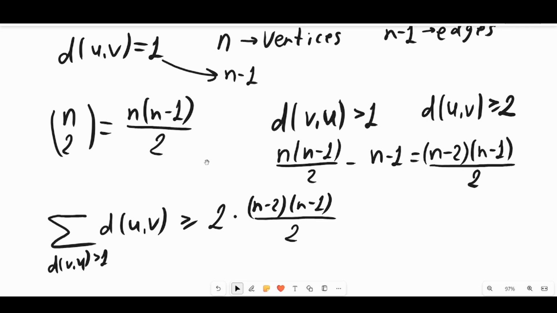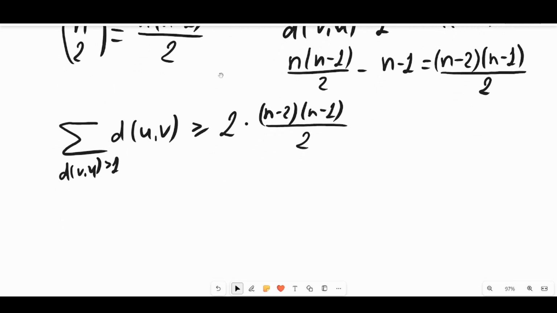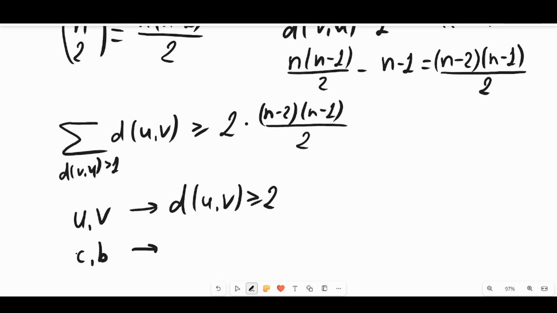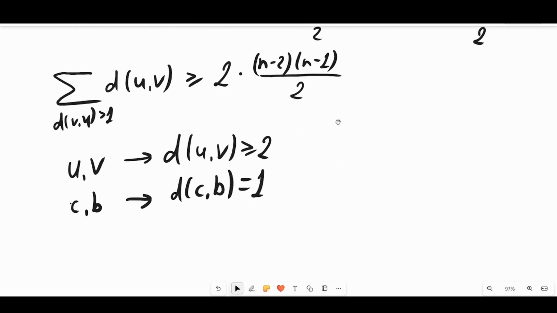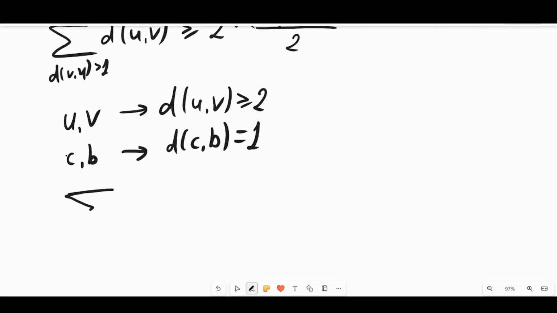And what can be said in our case? We can group the pairs u and v: those where d(u,v) is greater than or equal to 2, and those like C and B, where the distance between C and B equals 1. Then in this case, what can we say about the sum of d(u,v) for every u and v in the vertex set of T, with u not equal to v?